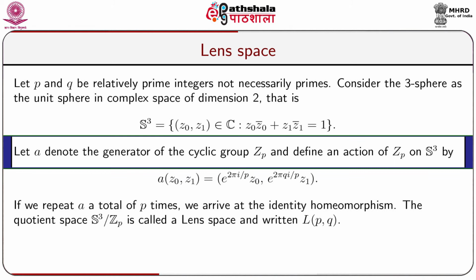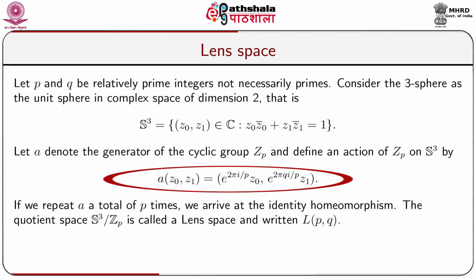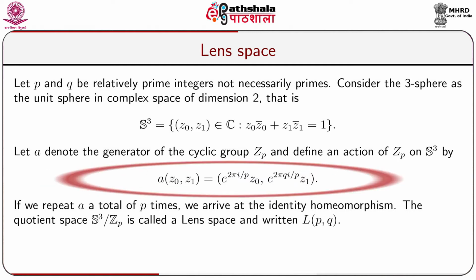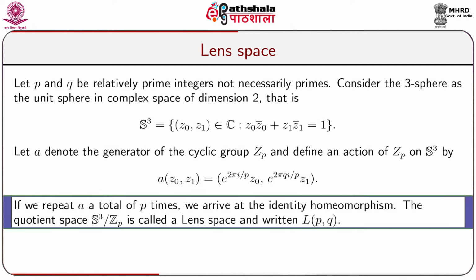Now let A be the generator of the cyclic group Zp and let us define an action of Zp on S3 by the following rule: A of (Z0, Z1) is equal to (e to the power 2 pi i by p Z0, e to the power 2 pi q i by p Z1). If we repeat this a total of p times, we arrive at the identity homeomorphism.